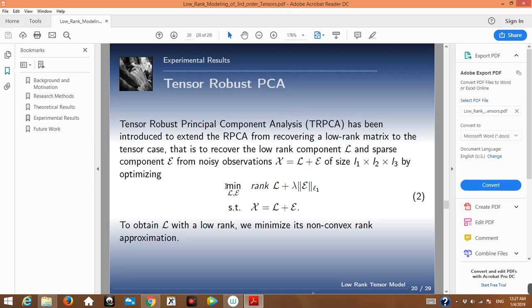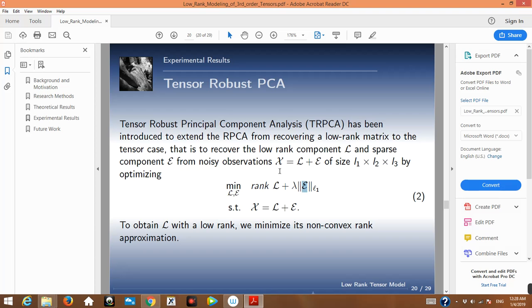We try to minimize the rank of a tensor L plus the L1 norm of another tensor S. Minimizing the rank of L means we try to find the low-rank component of the original tensor, and minimizing the L1 norm of S means we try to find the sparse error.